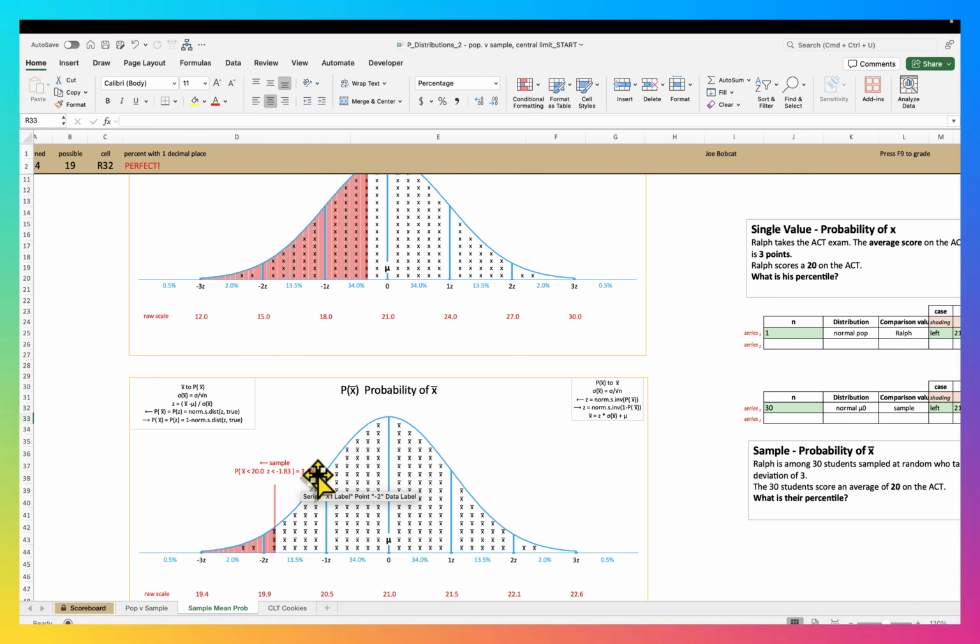In other words, it's really, really, really unlikely that a group of people, a group of 30, who take the test are going to deviate from the mean by a score of even 1, right? All we're doing, if you think about it, was going from 21 to 20, right? I mean, even going that little bit down puts you in a really low percentile.